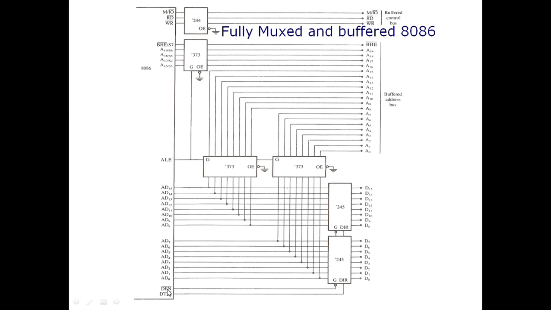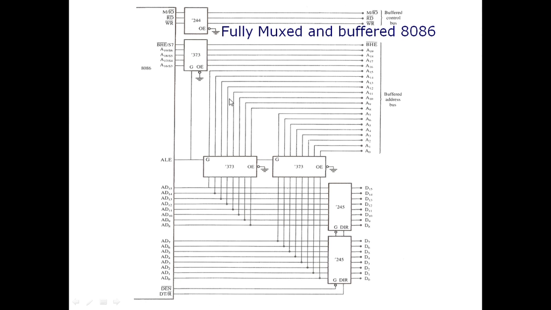And the data enable pin will select these transceivers, and the data transmit receive pin will control the direction of the data here. So for example, if the data is being received, then DEN will be 0, so that these two chips are selected, and the data transmit receive pin is 0, so it will control the direction of both of these transceivers towards the microprocessor. So this is the diagram that represents the 8086, which is fully buffered and fully demultiplexed.